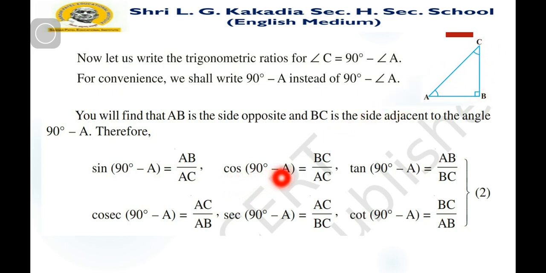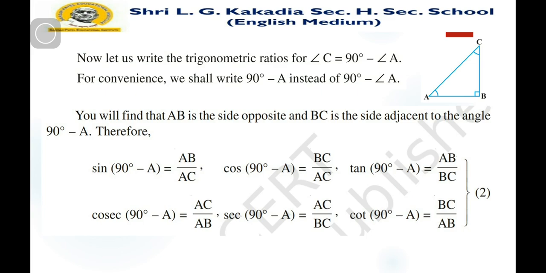Cos 90 minus A is equal to BC over AC. Tan 90 minus A is equal to AB over BC. Cosec of 90 minus A is equal to AC over AB. Sec 90 minus A is equal to AC over BC, and cot 90 minus A is equal to BC over AB. Let us call this equation number 2.